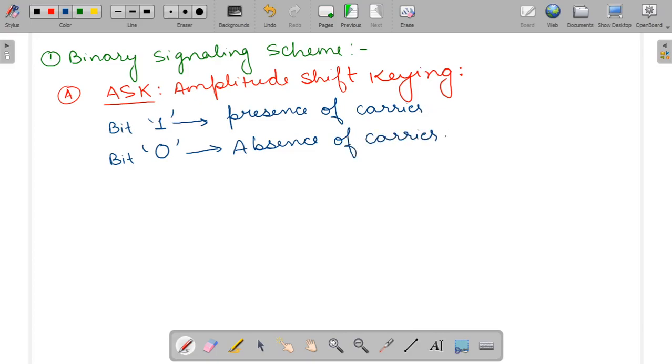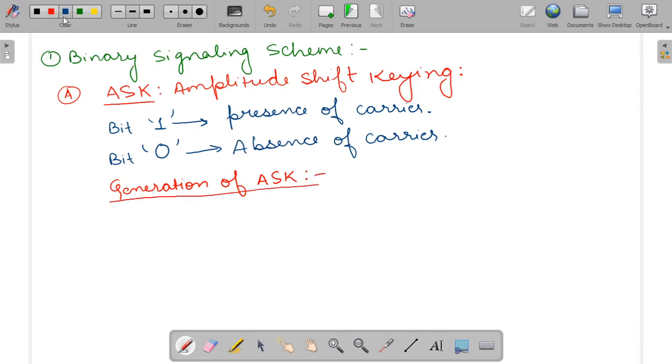Up to this clear? Now we will study how ASK is generated. So the next topic is generation of ASK, means how this ASK signal is generated.